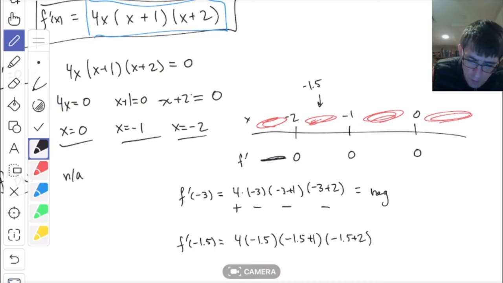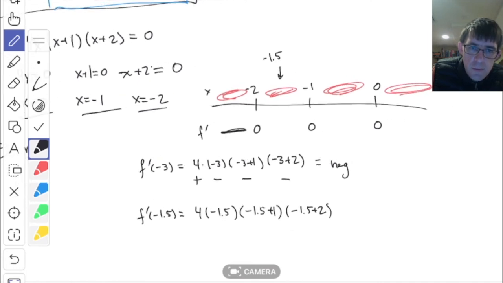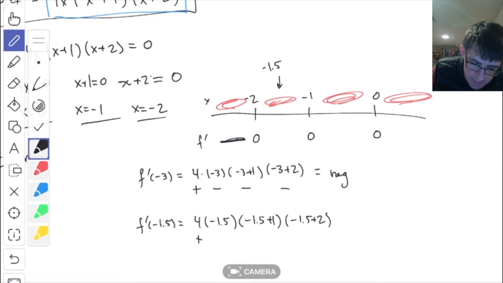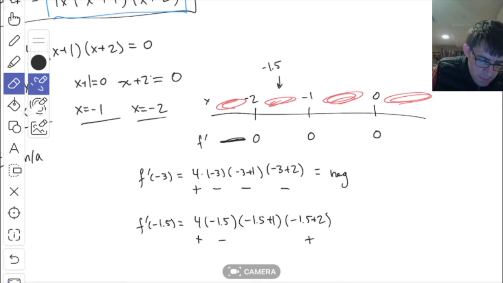All right. What about these? Are they positive, negative, or what? 4, of course, is positive. That's a negative. -1.5 plus 1 becomes positive. -1.5 plus 2 is also positive. Sorry, that's not right. This -1.5 plus 1 is not positive. It's negative.